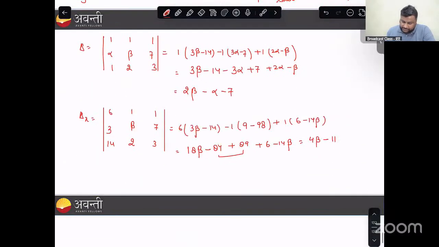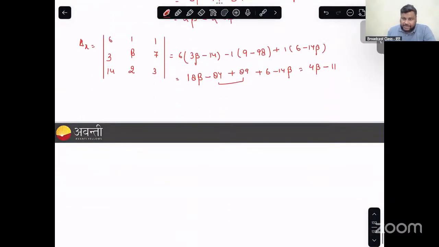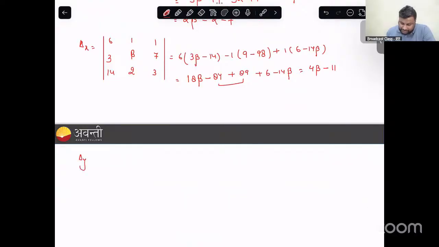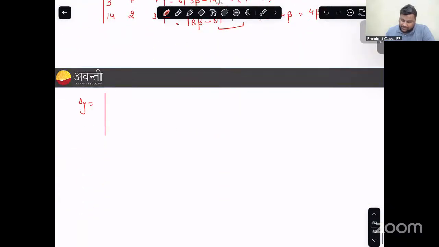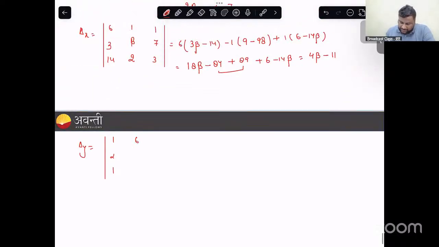Chalo, whatever it is. Now, similarly, delta y you will have to find. Tell me what is delta y? 1, alpha, 1, 6, 3, 14, 1, 7, 3.